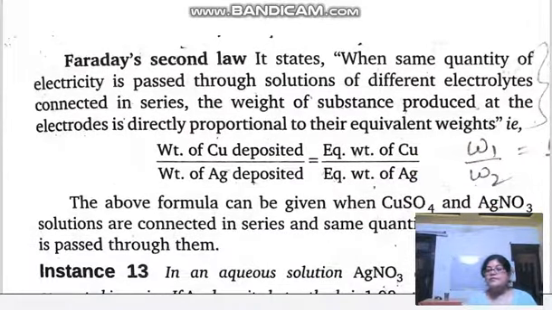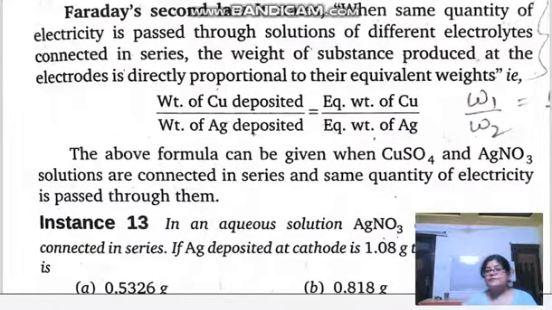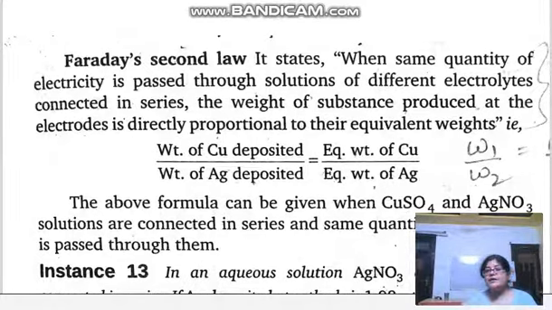Now Faraday's second law is just like a statement. When the same quantity of electricity is passed through solutions of different electrolytes connected in series, not in parallel, the weight of the substances produced at the electrodes is directly proportional to their equivalent weight. That means the weight deposited depends upon the equivalent weight.